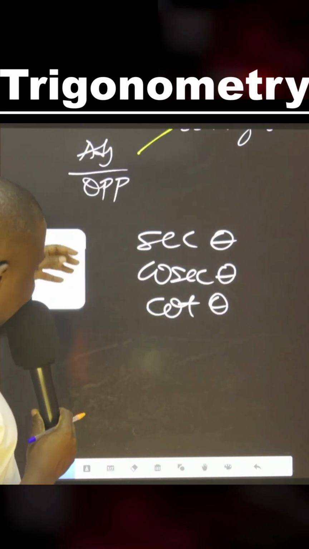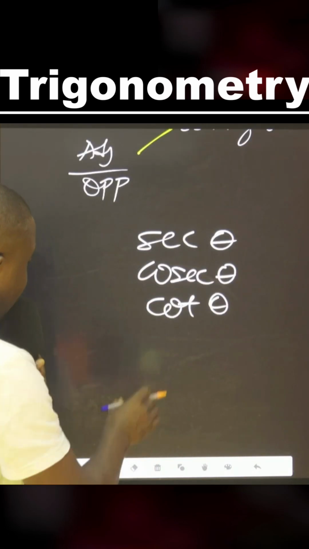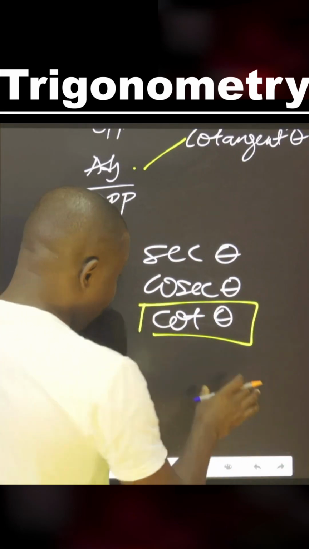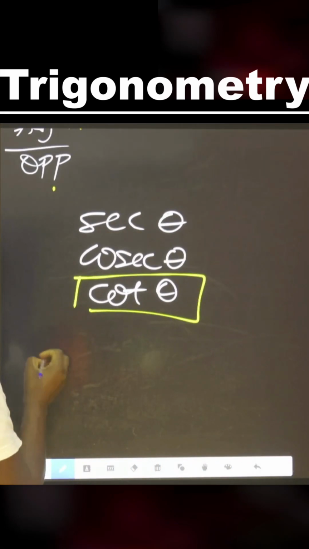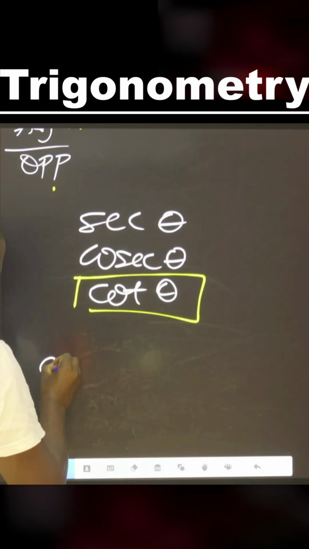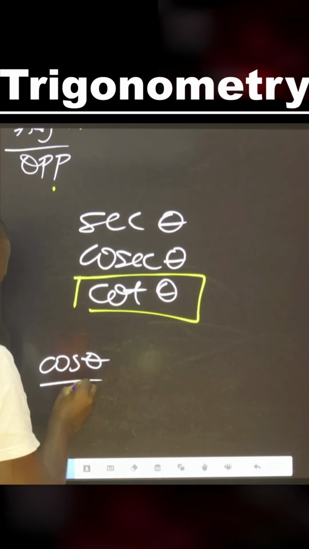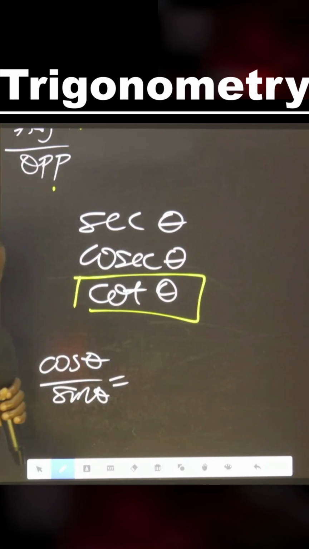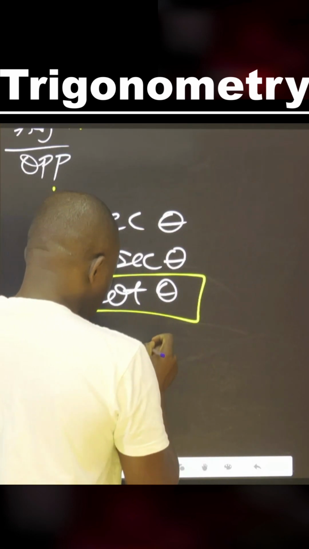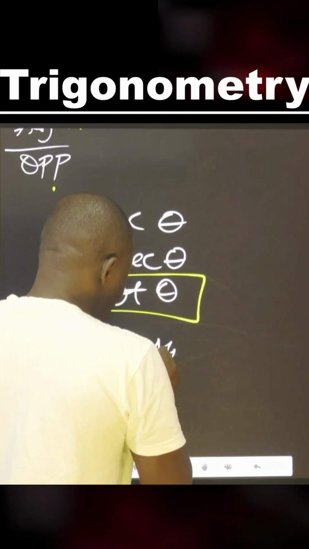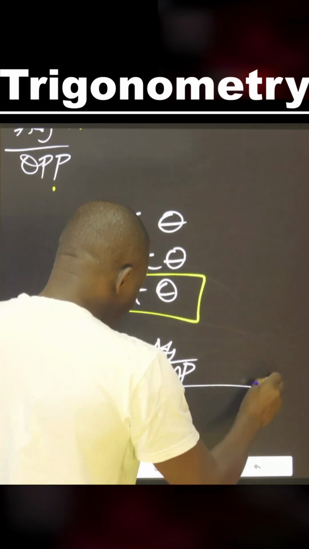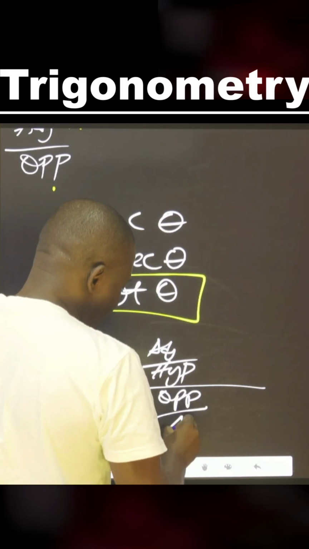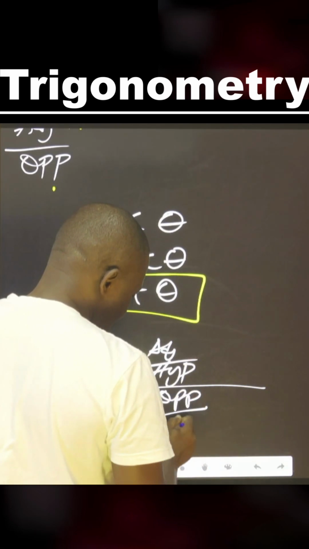I want to spell out something before we leave this. If we say, for instance, cos theta over sine theta, let's work this out. You agree with me? This is adjacent over hypotenuse all over opposite over hypotenuse.